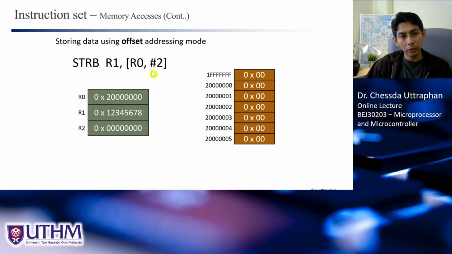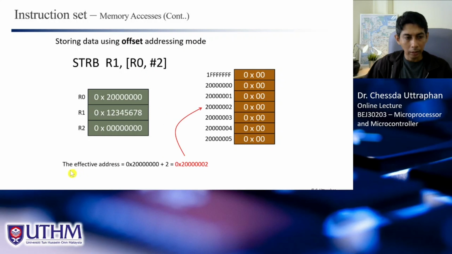So our task is to get the effective address. First, the information is from R0, so it should be the R0 number. And this is called the offset, and this offset must be added to the content of R0.